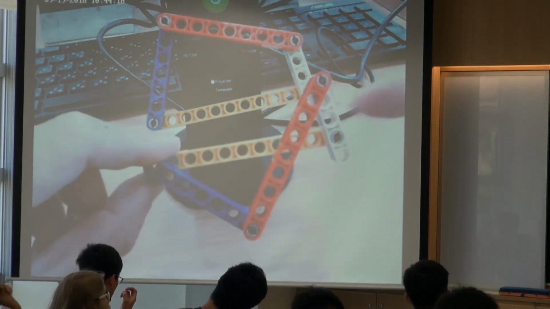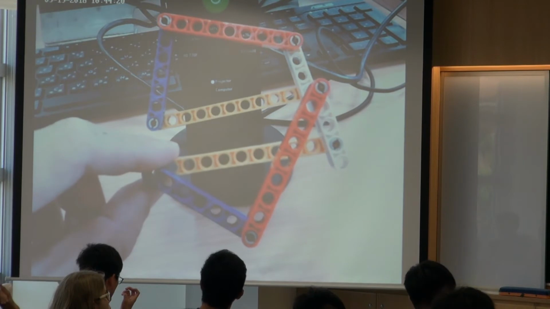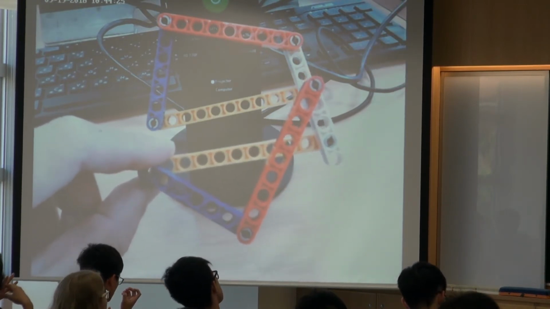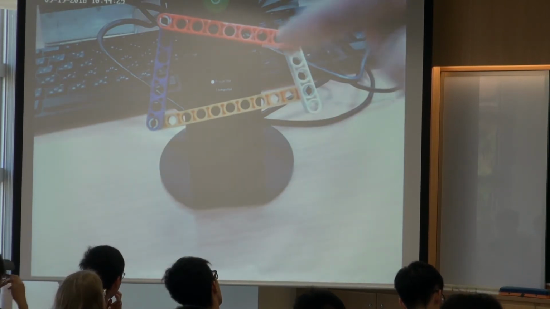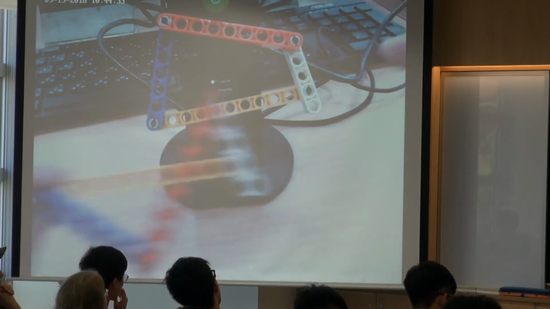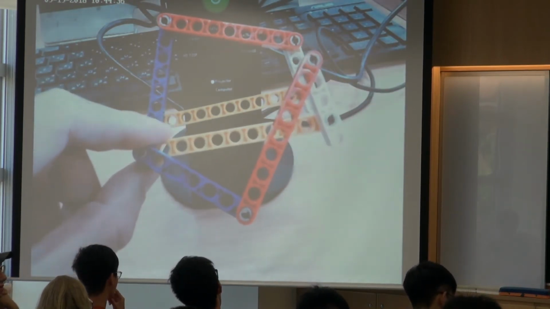Just remember, it's possible that you find two solutions, but only one is possible. That depends on how you assemble this mechanism. If you assemble the mechanism in this way, then it will never reach this configuration.